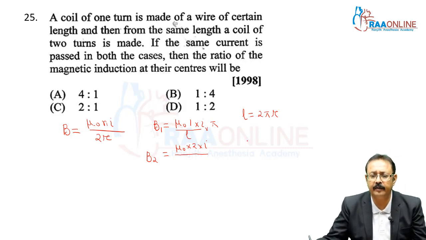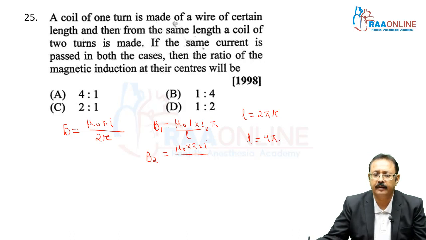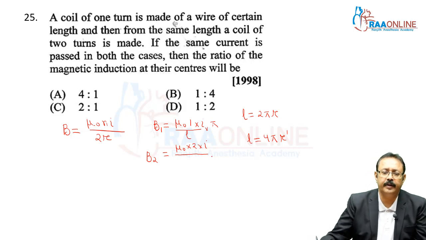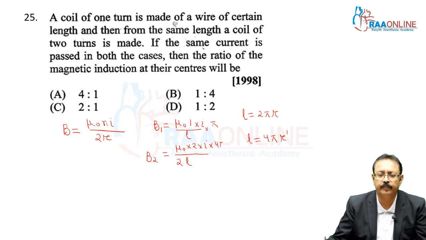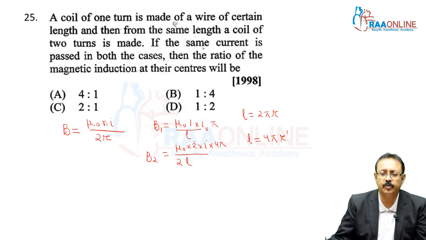Now we will make with same length. 2 turns means total circumference is now 4 pi R. So R dash should be L upon 4 pi. Cancel this 2 with this 2.